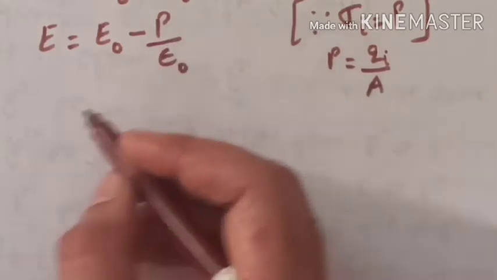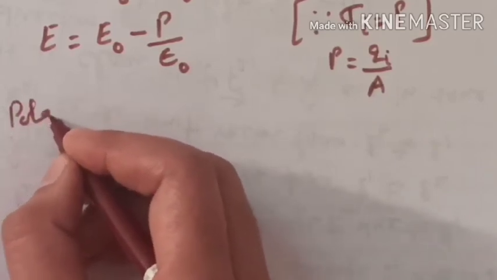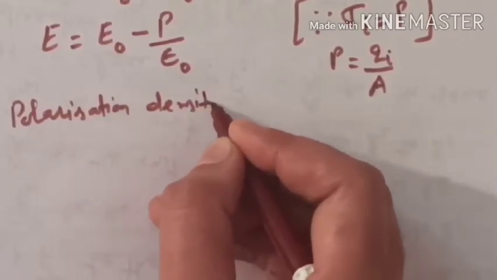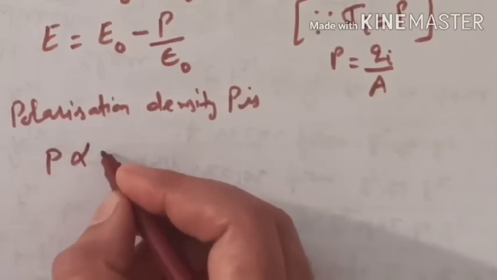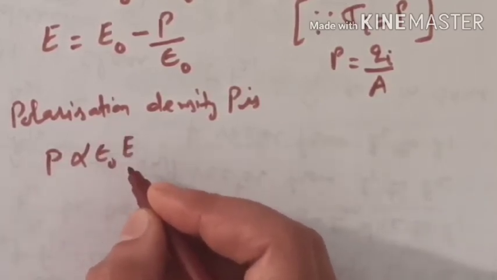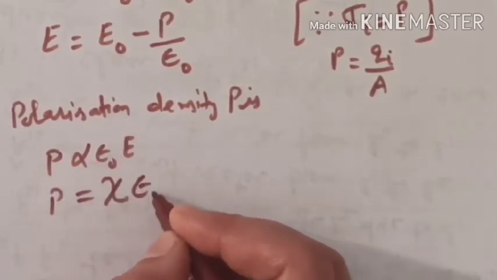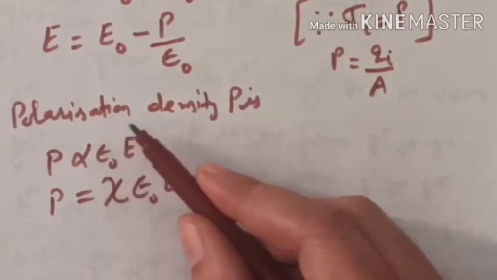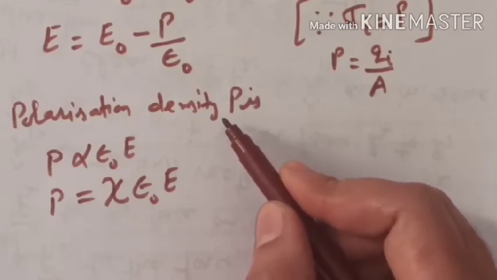So the polarization density P is directly proportional to the applied electric field, so this is equal to chi epsilon naught E. So here is the polarization density. Also this P is used for permanent dipole.